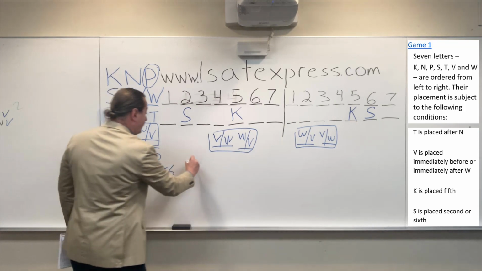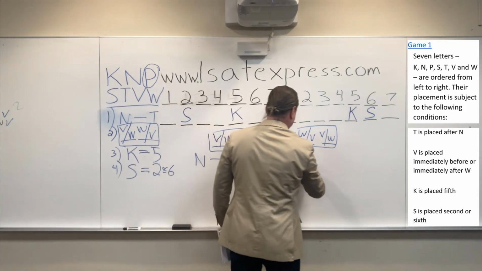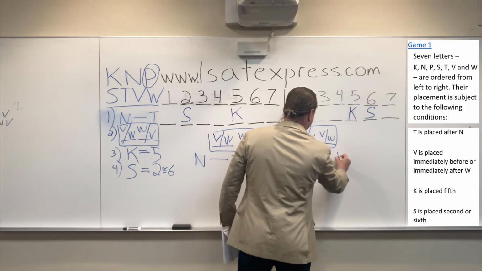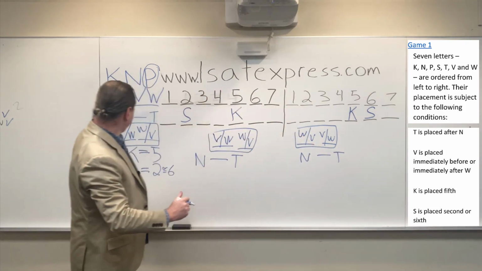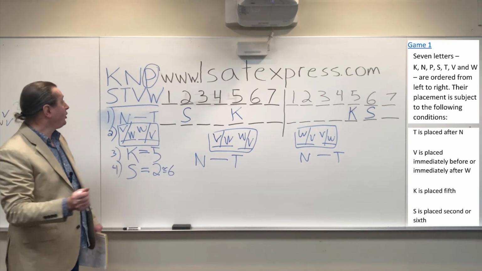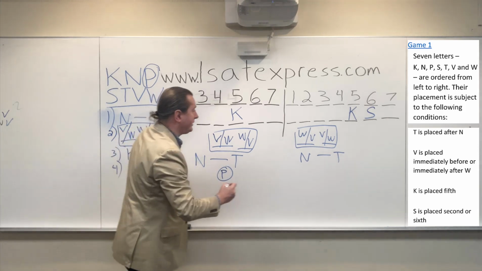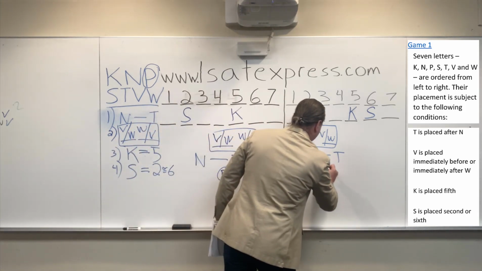How about N before T? And then let's see, K and S we talked about. How about our floater, our wild child P? You want to write that down, circle it.